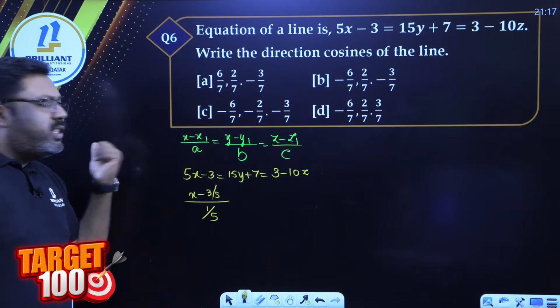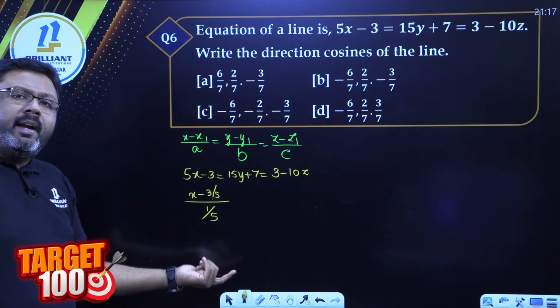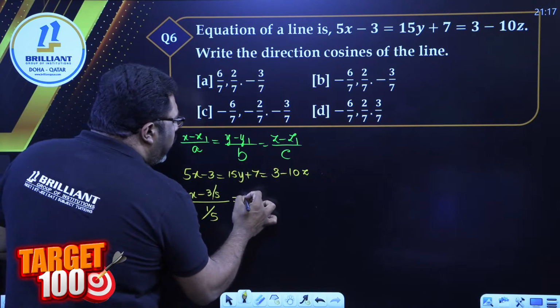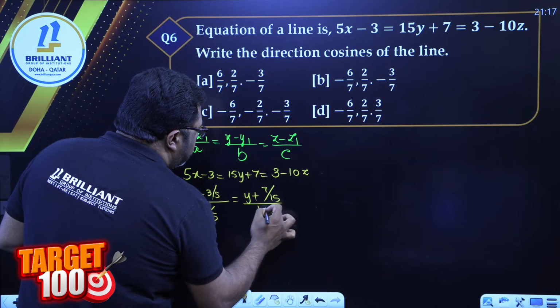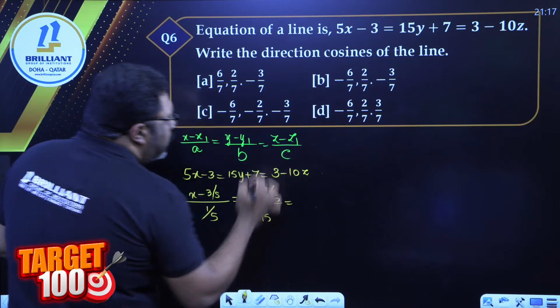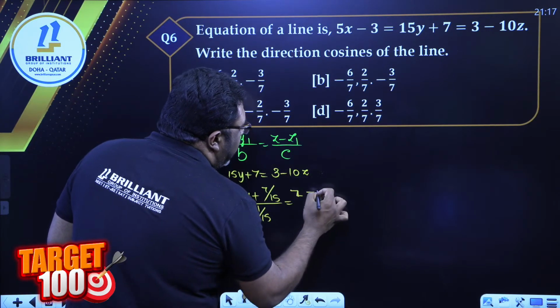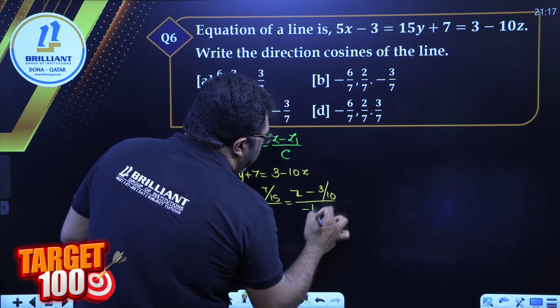My coefficient of x is 5, so the idea is to divide by 5 in the numerator and denominator. Next one, divide by 15 in the numerator and denominator, and divide by minus 10 in the numerator and denominator. Z minus 3 by 10 divided by minus 1 by 10.